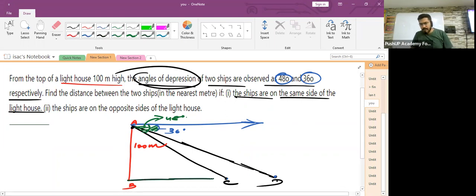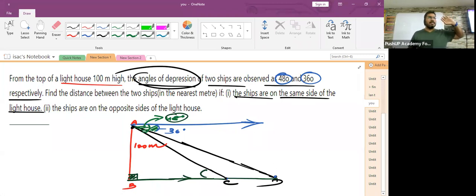This part is clear. Now, let me connect B to C and then C to D. All right, where angle B is equal to how much? 90 degrees. Children, if this whole angle is equal to 48, just because the two horizontal lines are parallel to each other, the alternate interior angles will remain the same.